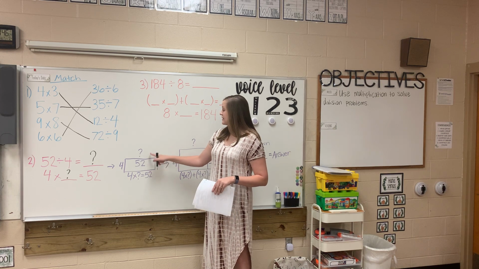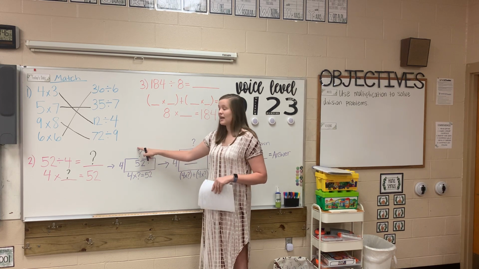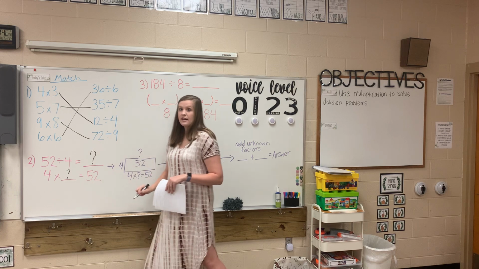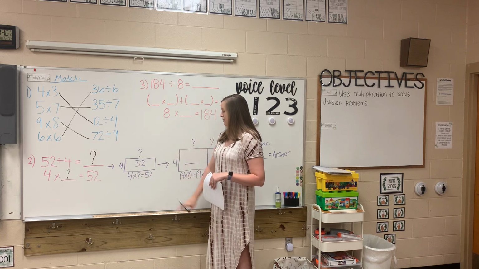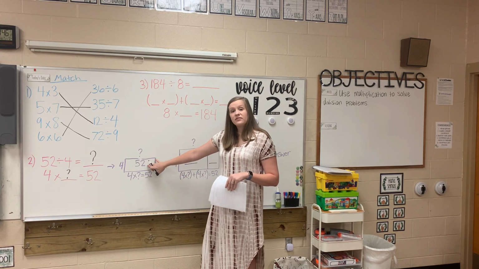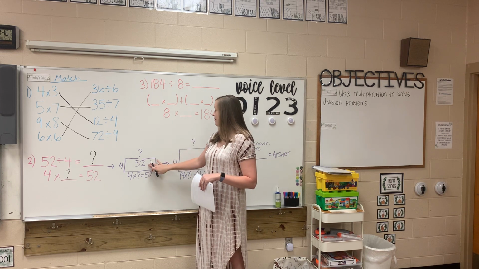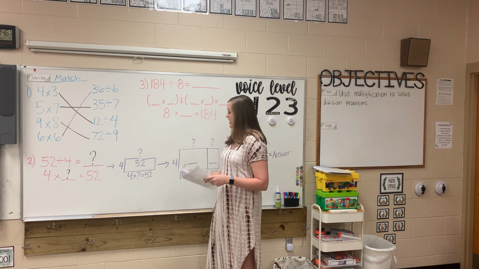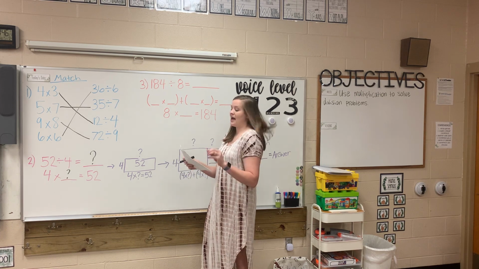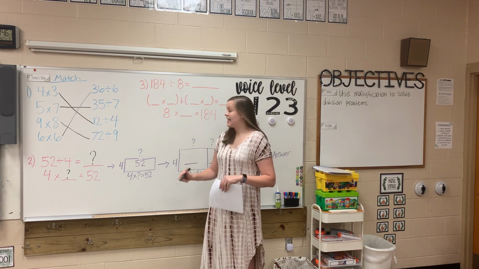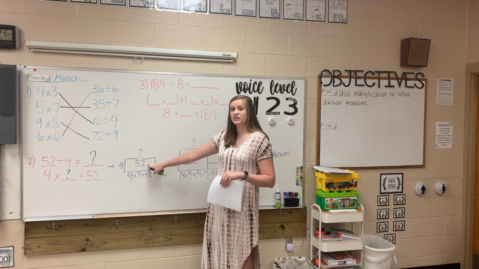So in order for us to figure out this unknown, we're going to try to split 52 up into 2 smaller numbers. How I'm going to do that is I'm going to find which multiple of 10 goes into 52.